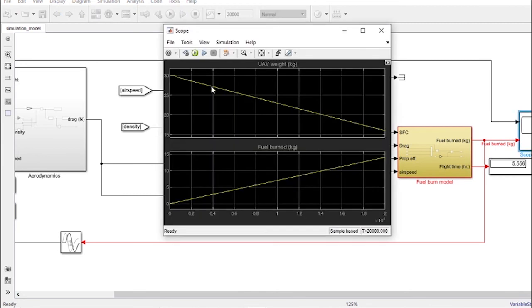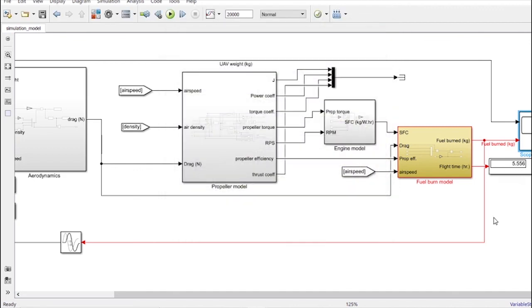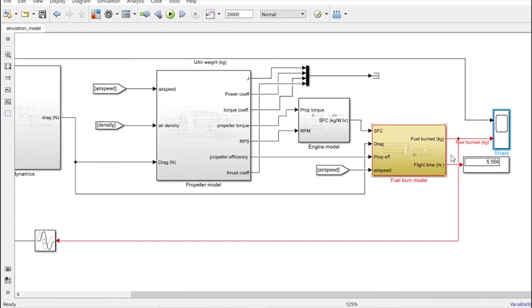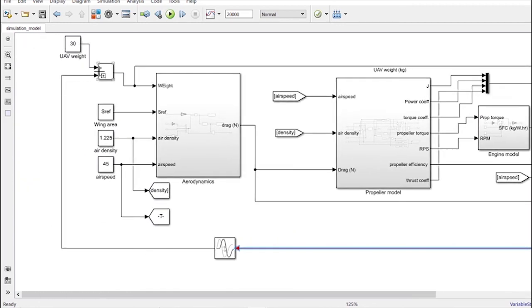Finally, we can also evaluate how the UAV loses its maximum takeoff weight as the fuel is being burnt. And we see that the simulation is run for a total time of 20,000 seconds, which roughly corresponds to 5.56 hours. To update our takeoff weight, I have now connected the fuel burn value back to the UAV weight.